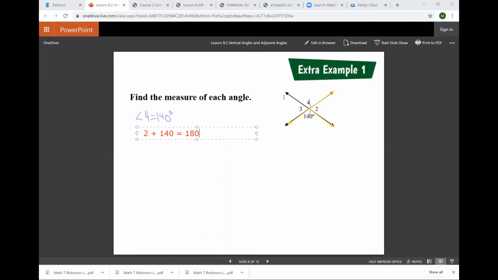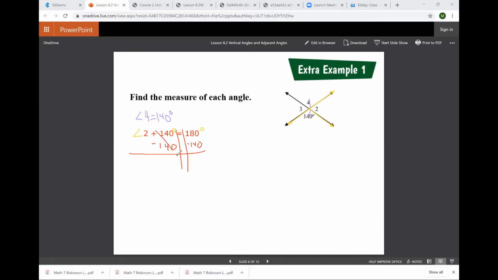So angle 2 plus 140 degrees equals 180. Then you would solve: you would subtract 140 from each side. This is where solving equations comes in. All that practice we did, that's why we reviewed unit 7.